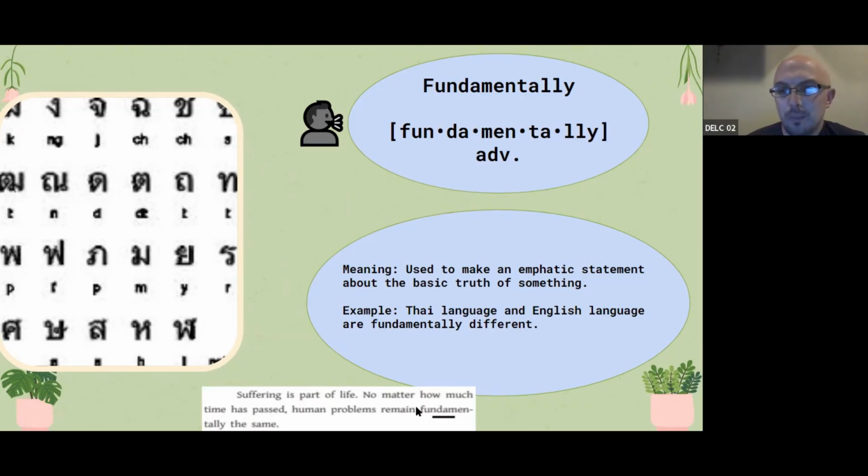And these are all basic things. So these problems, they are fundamentally the same. We might have different problems, but the same kind of human problems. We will have the same problems even though we have different lives. We all have these fundamental problems.